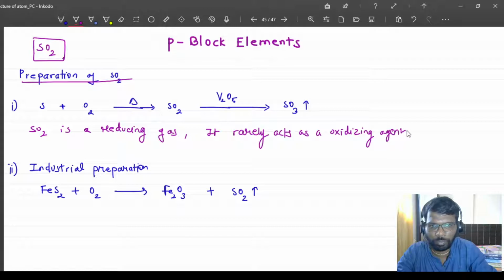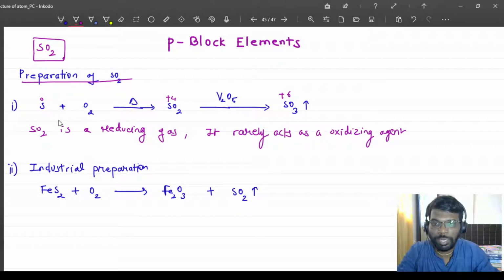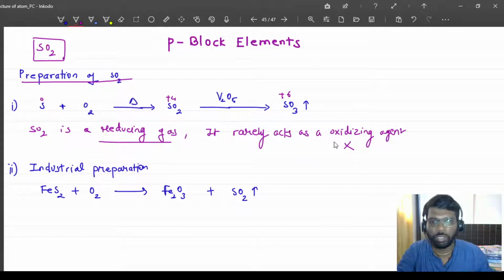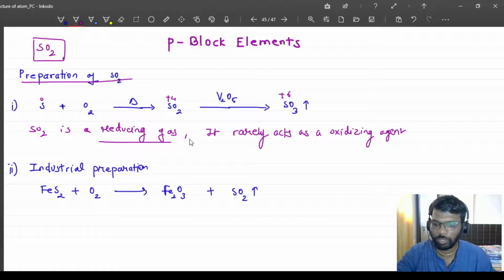Now, if you see the oxidation state of sulfur is 0, here it is plus 4 and here it is plus 6, meaning it gets oxidized easily, so it will act as a reducing agent and not an oxidizing agent. Its oxidation state goes up to plus 6 very easily, and that is the reason it acts as a reducing agent and not as an oxidizing agent.